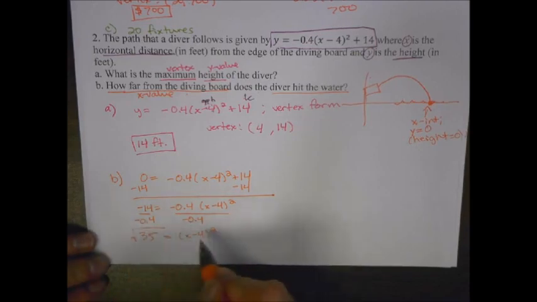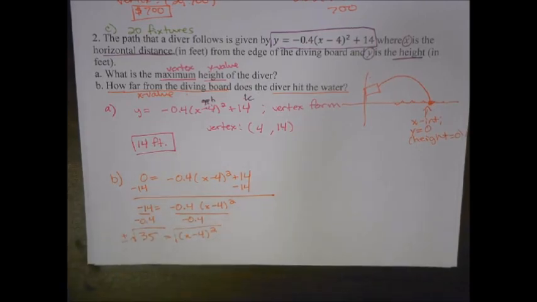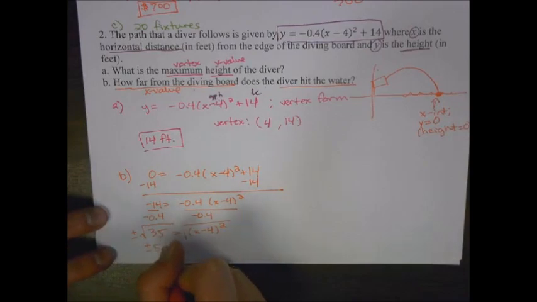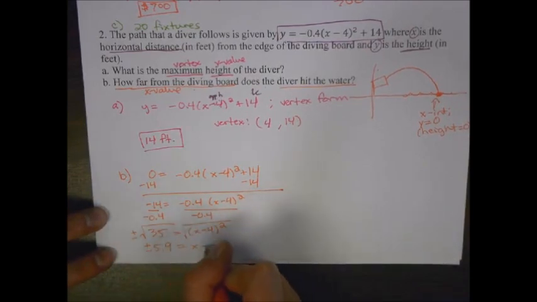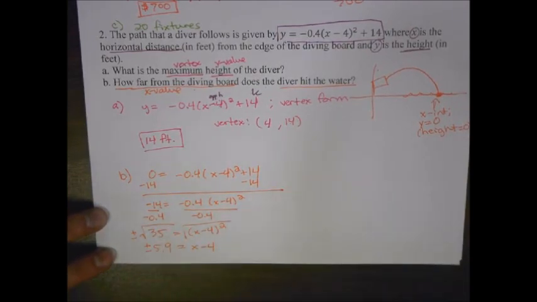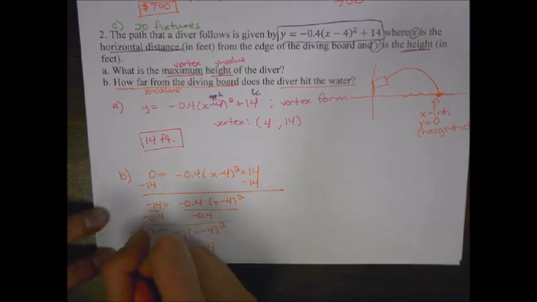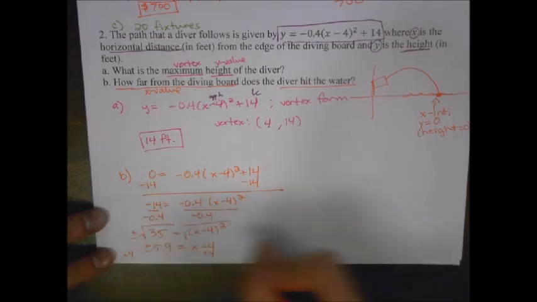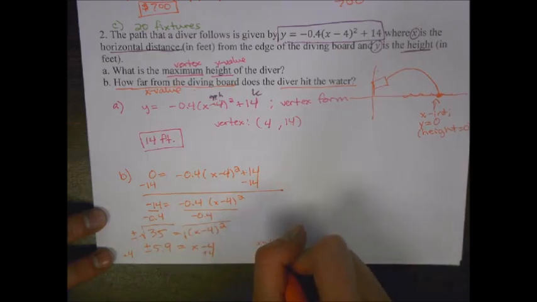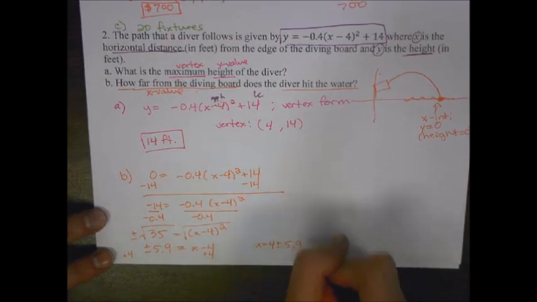Take the square root. Whenever we take the square root, we're plus or minus. Now, when we're in a real world situation, we're actually going to write out the decimal. So this is plus or minus 5.9 equals x minus 4. When we add the 4 over, we get x equals 4 plus or minus 5.9.